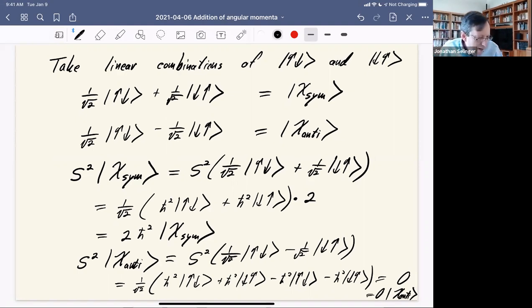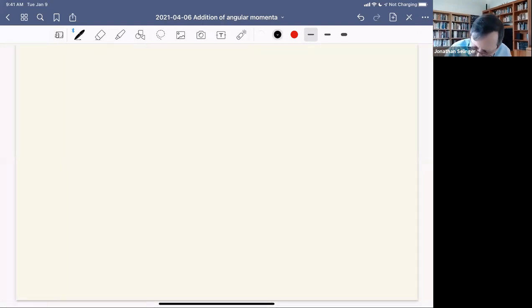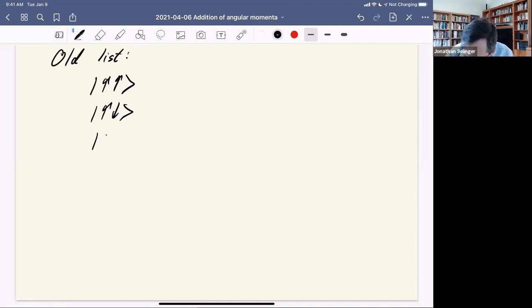Okay, so now let's summarize our list of states. Our old list was up up, up down, down up, and down down. But now I want to make a new list of states.